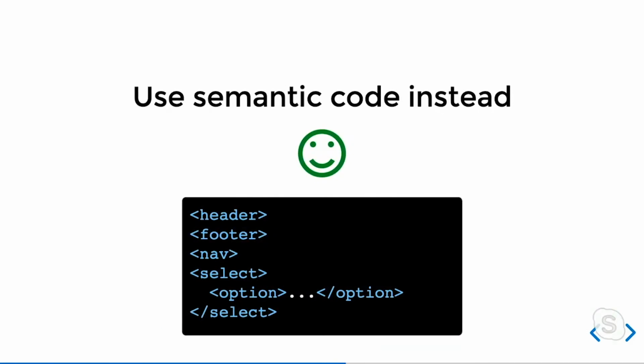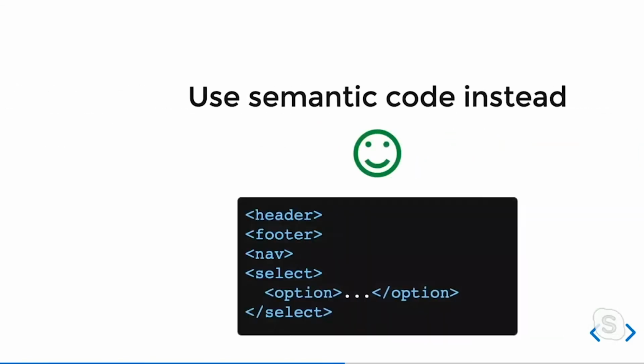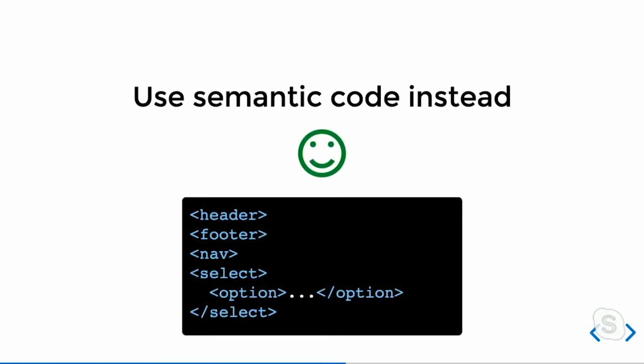We can replace the header div with the ID with the proper HTML5 tags: header, footer, navigation. And then the last one, which is this example, we have select, which can be easily replaced with the select and options. And for each option, you just insert a new line, new wrapper.